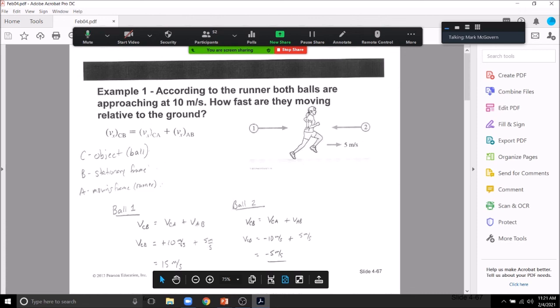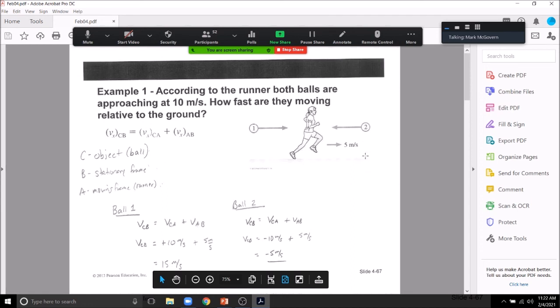So according to the equation, we would add them up, and it's 15 meters per second. Now that makes sense, actually, because if you are moving in the same direction as an object, it will not appear to move as fast, because you're moving along with it. So the runner sees 10, we see 15, and that makes sense.